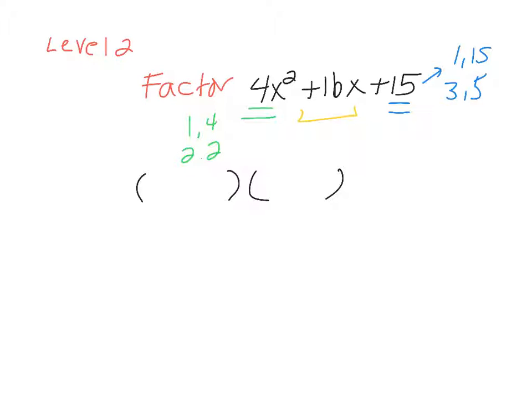Maybe it's 1x and 4x, and maybe it's 1 and 15. Or maybe it's 1x and 4x, and maybe it's 15 and 1.